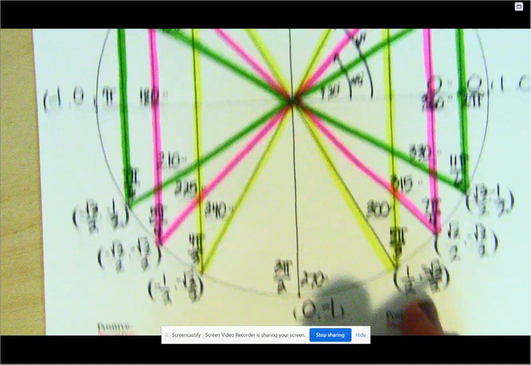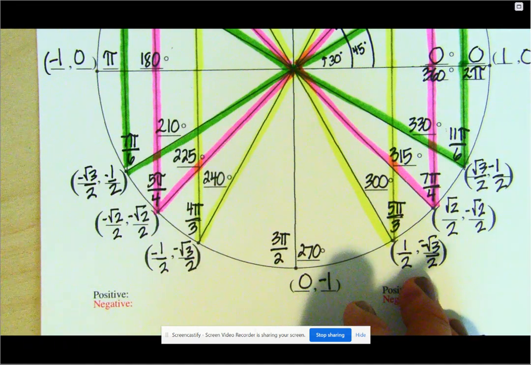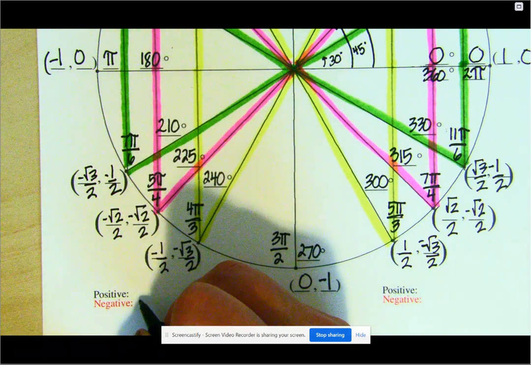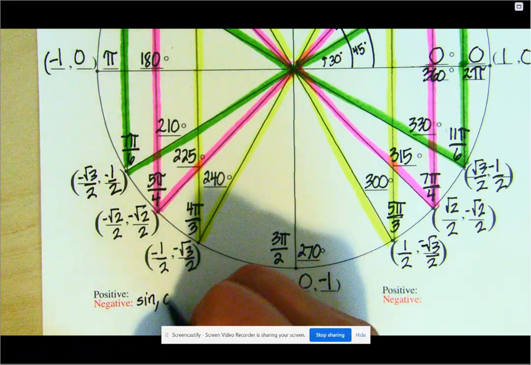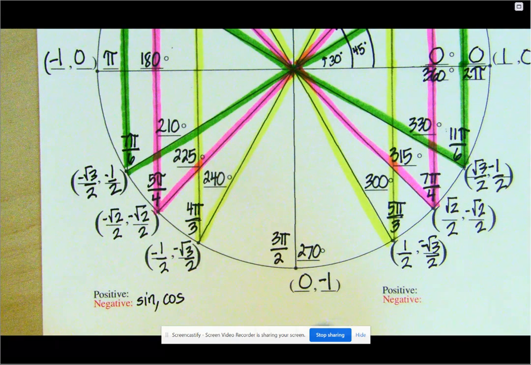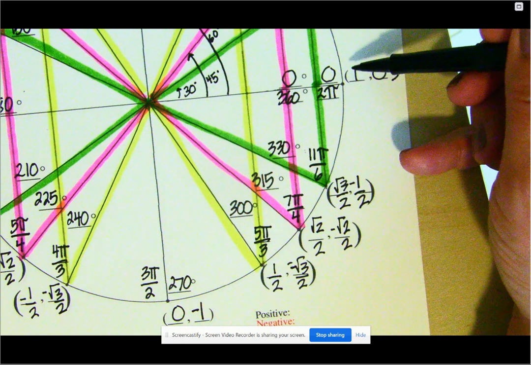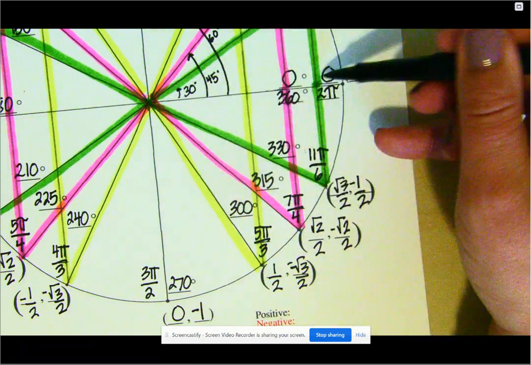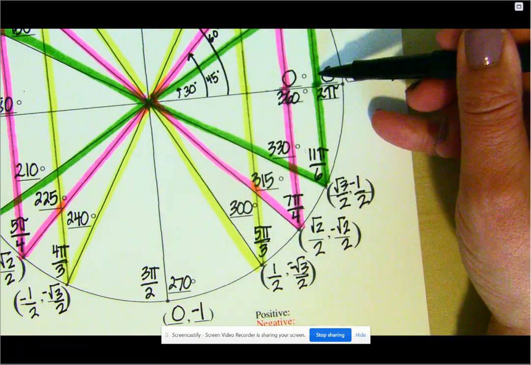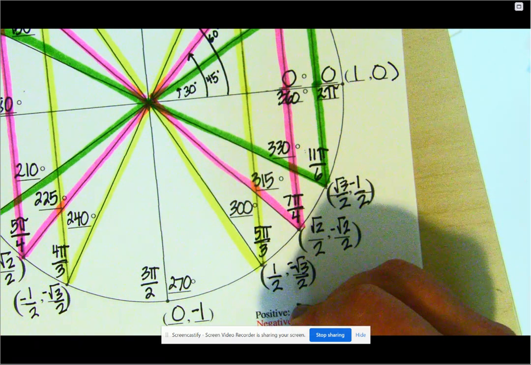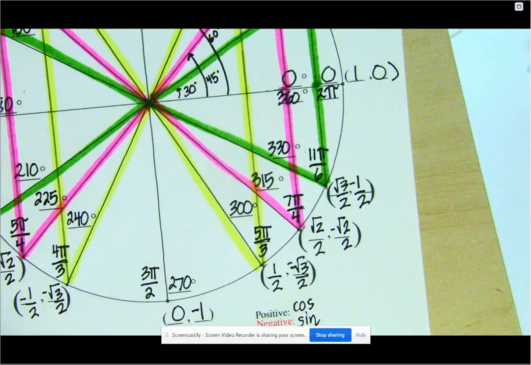Down here, both the coordinates are negative. So the cosine is negative and so is the sine. Sine and cosine are both negative. And then over here, you've got positive, which is your x coordinate, that's your cosine. So cosine is positive and your sine is negative.